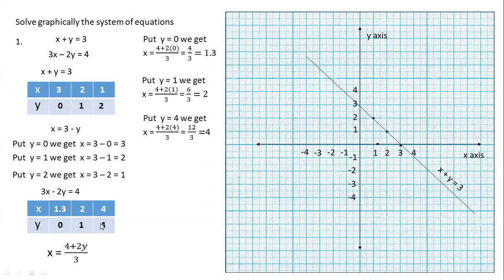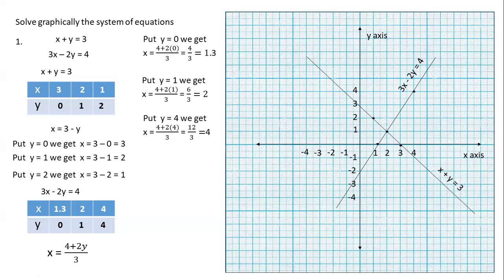Then x is 4, y is 4. It should be here. So here you got these 3 points. Join them. So this is the graph of the equation 3x minus 2y is equal to 4. Clear? So this is how we have drawn the graphs.